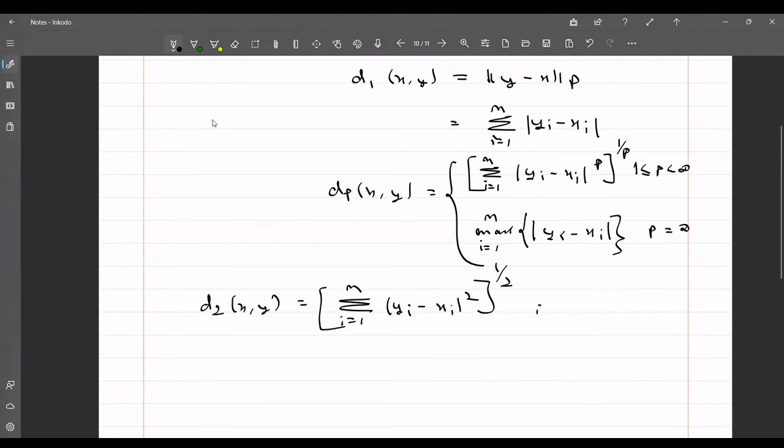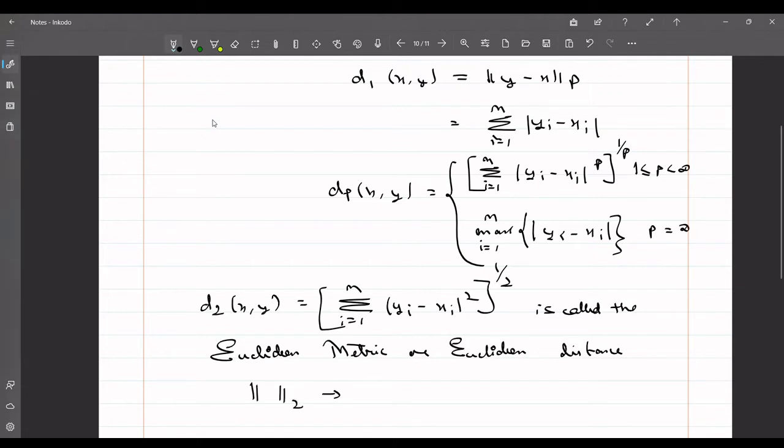This is called the Euclidean metric, or Euclidean distance also. And this function is called the Euclidean norm. Okay, these things are clear.